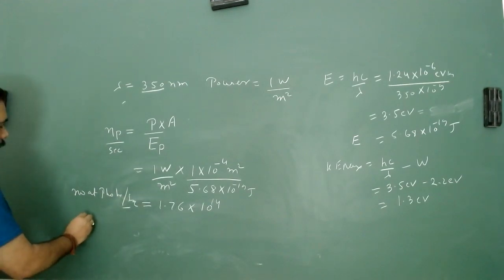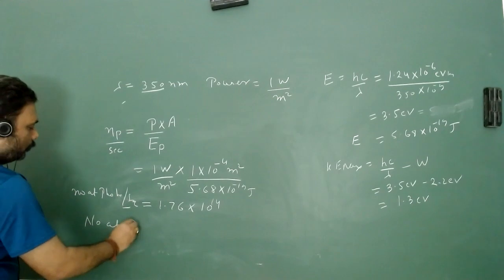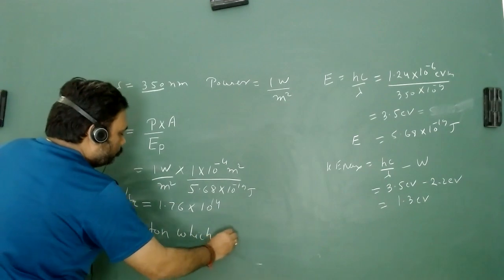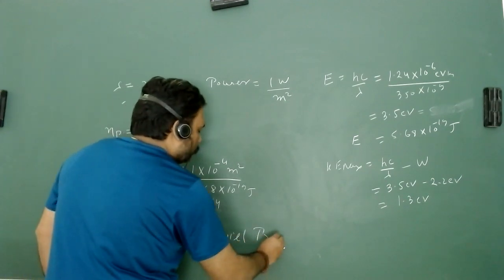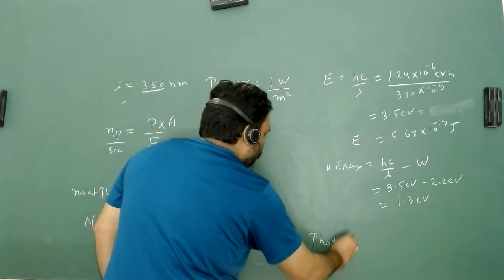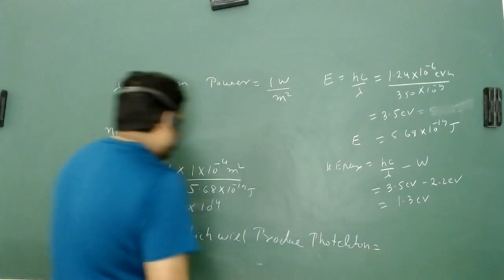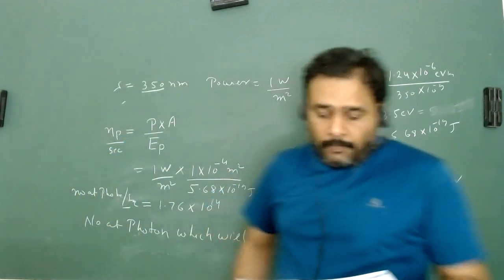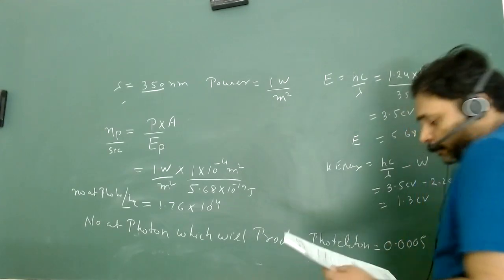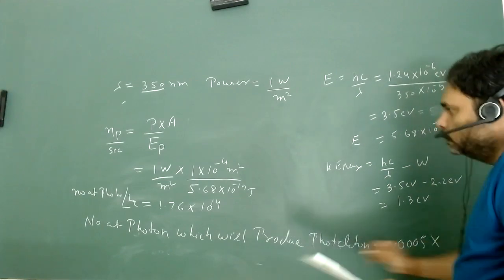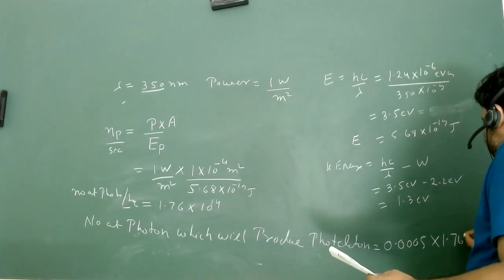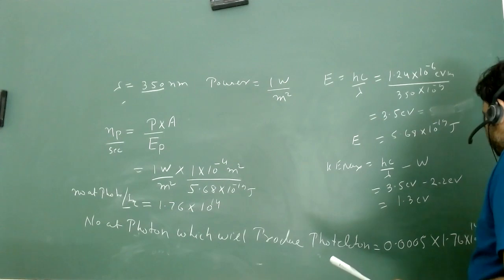So the number of photons which will produce photoelectrons is equal to 0.5%, which is 0.005, into this particular value, 1.76 into 10 to the power 14 per second.